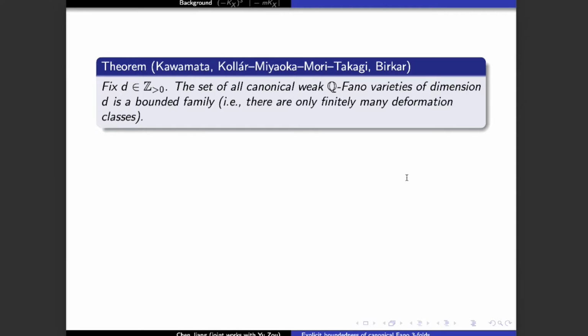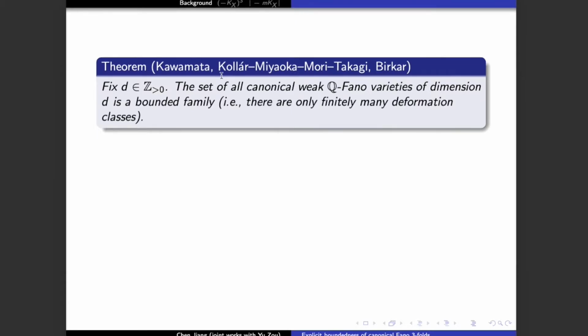And then we have a theorem by Kawamata, Kollár-Miyaoka-Mori-Takagi, and Birkar in general, which says that if we fix a positive integer d, then the set of all canonical weak Q-Fano varieties of fixed dimension d is in a bounded family. That means basically you have only finitely many deformation classes for such varieties.